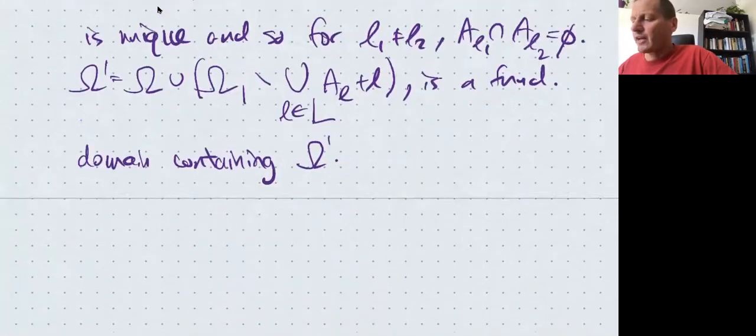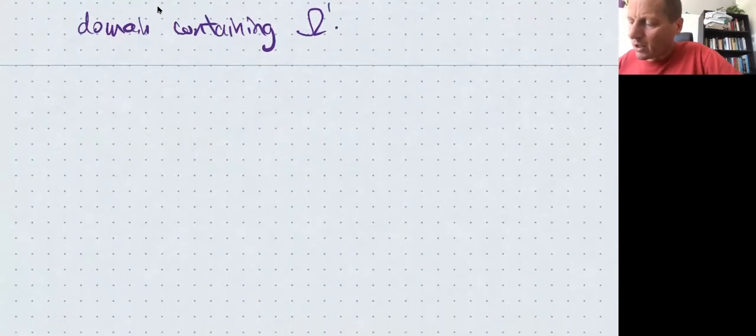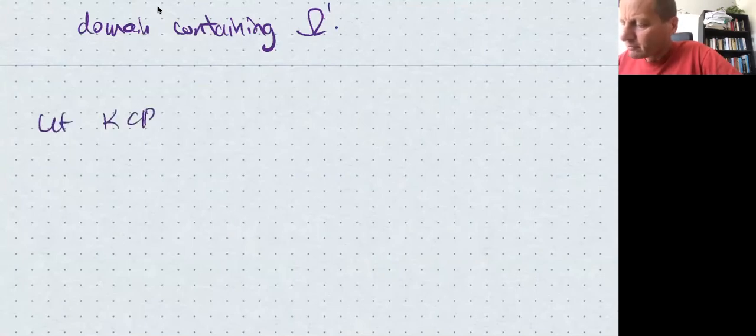Okay, so now let's state definitions before stating the theorem. So I already defined what it means for a set to be convex. Let K in R^n be convex.